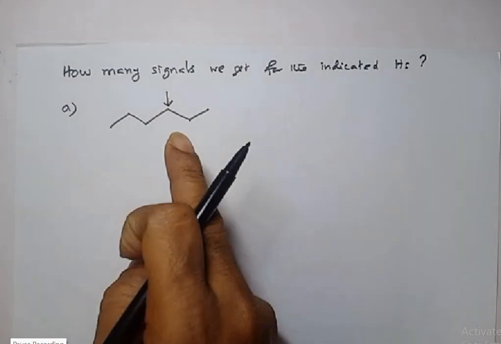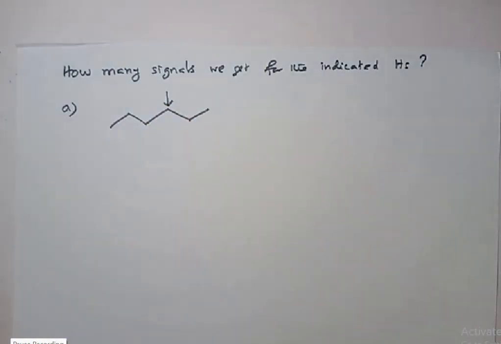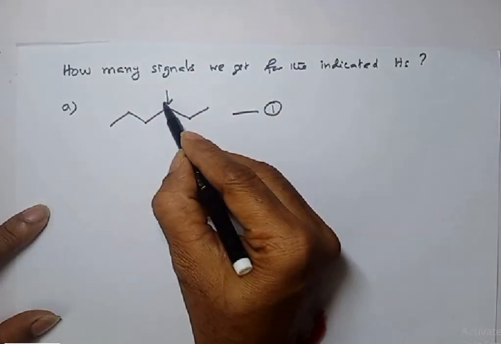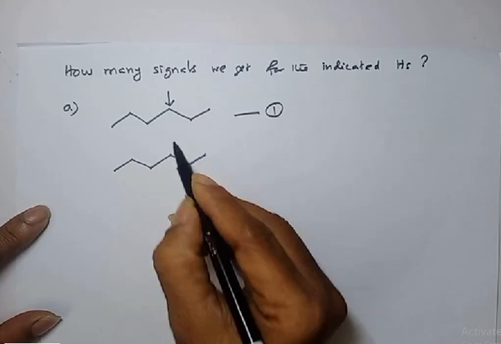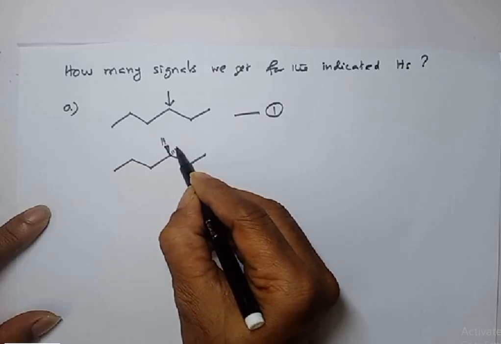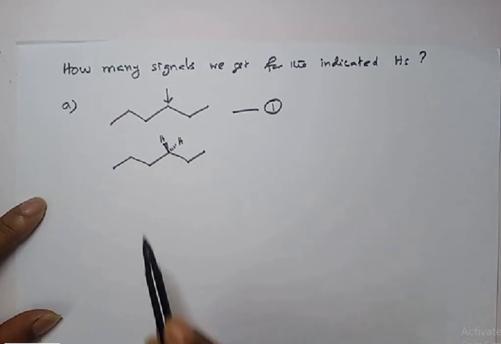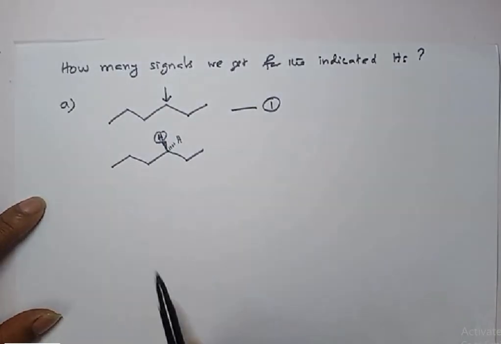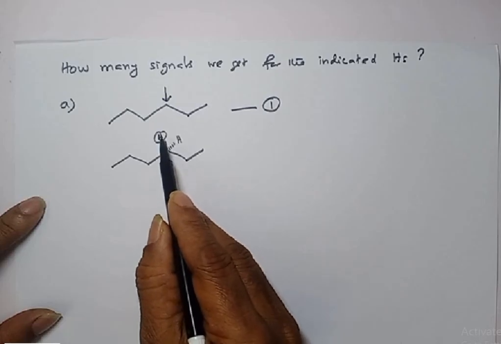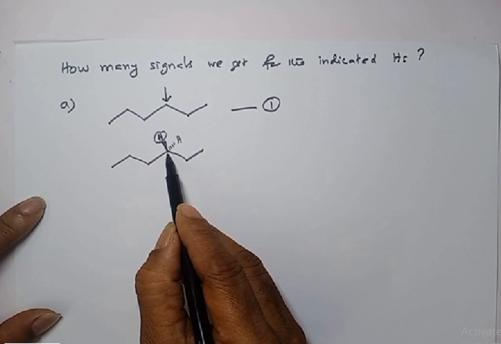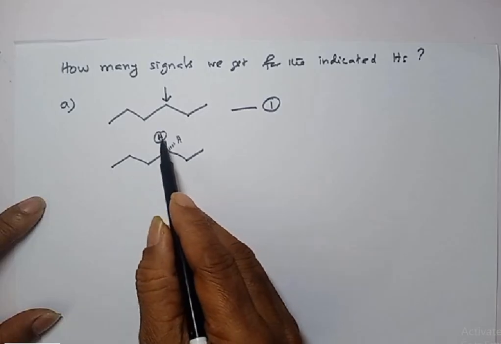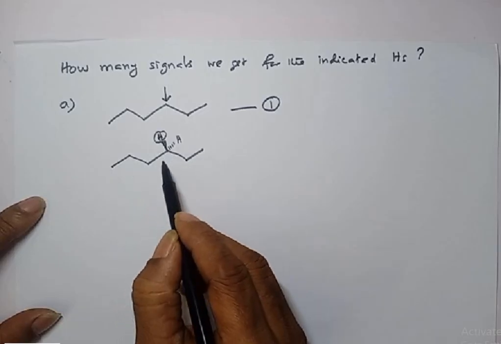Now tell me how many signals we get for this CH2 protons. This compound will give only one signal. Why? Let me write here. See this example. Here I have two hydrogens, so I'll put one hydrogen like this and another hydrogen like this. If I replace this hydrogen and put chlorine, will this carbon become chiral? Yes, it gives a chiral carbon.